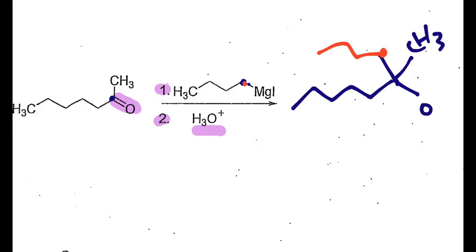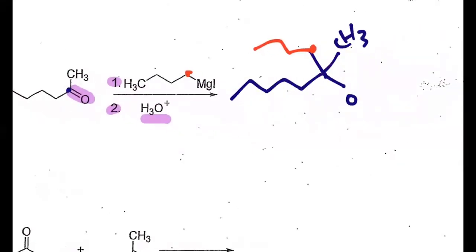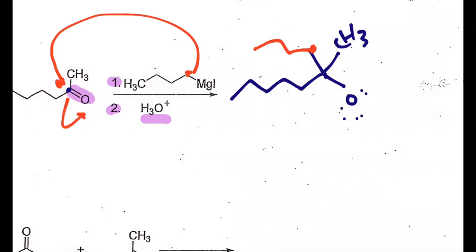So this is the carbon that I'm adding, right here. And then I have my oxygen negatively charged because I broke the pi bond, right? So let me put the arrow in. I'm going from here to here, and then I'm going to break the CO pi bond. So now that oxygen is negative, and then magnesium iodide is here, just hanging out. Magnesium is positive.